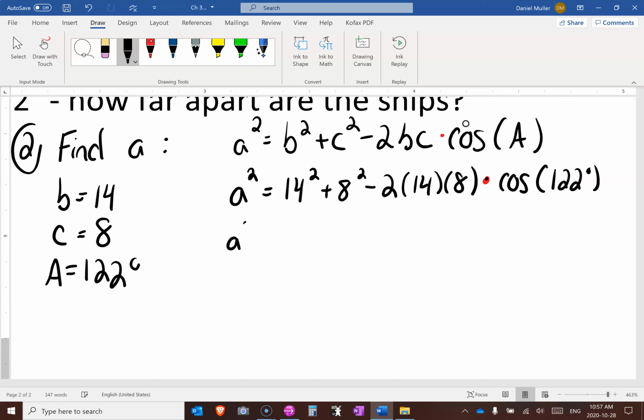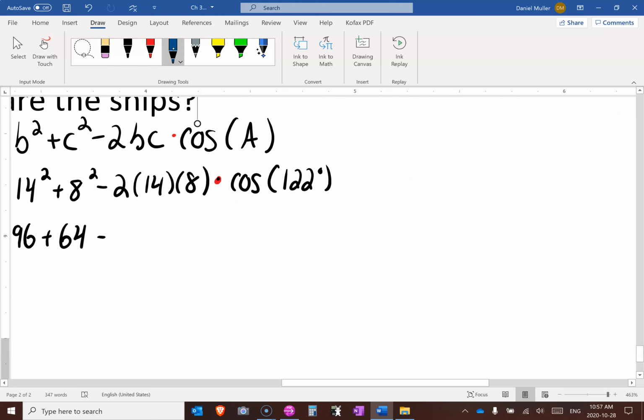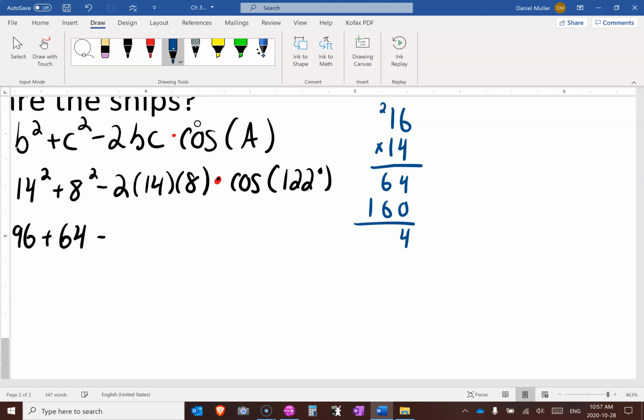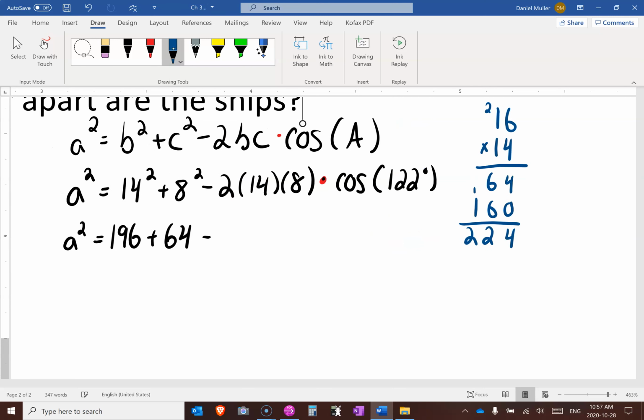Okay, so A squared is equal to 14 squared, which is 196, plus 8 squared, which is 64, minus 2 times 14 times 8, or 2 times 8, 16. I still don't know what 16 times 14 is. So 16 times 14 is 224.